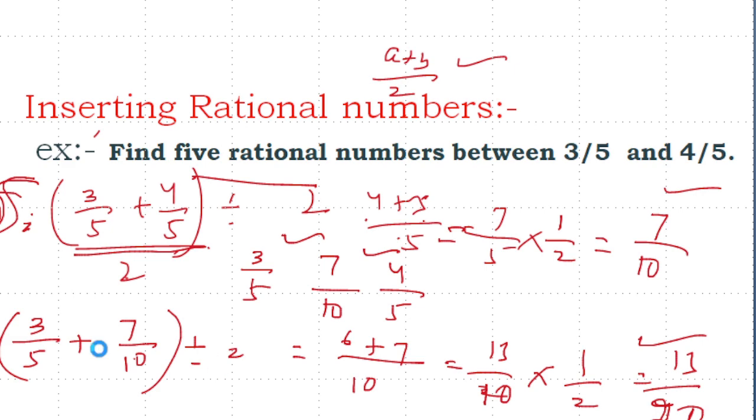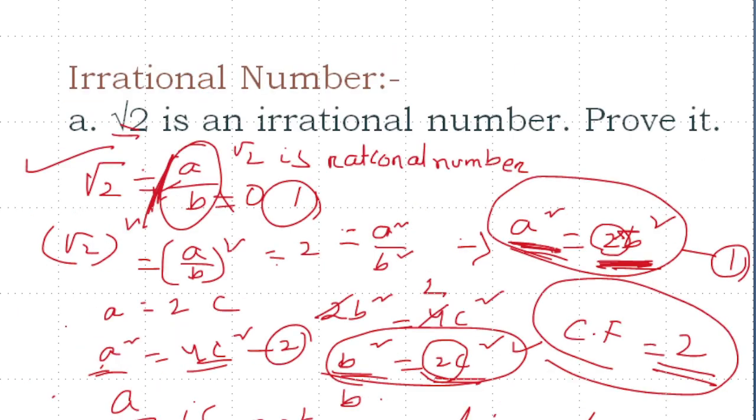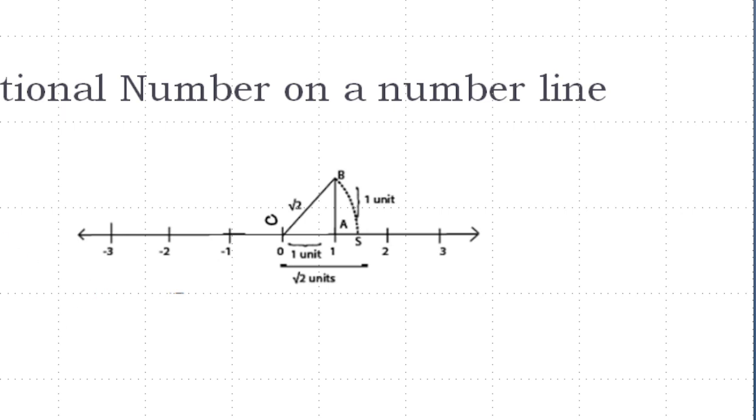How will we show a rational number? How will we show an irrational number on a number line? Before showing the irrational number on the number line, first we will see how to show the rational numbers on the number line. As you all know, the number line is just a line.